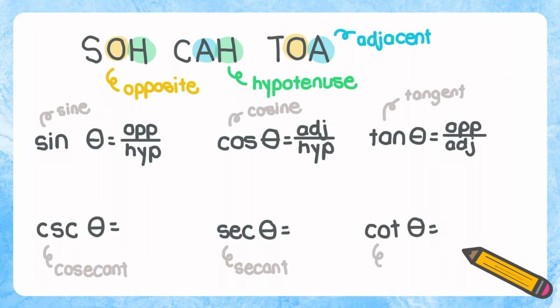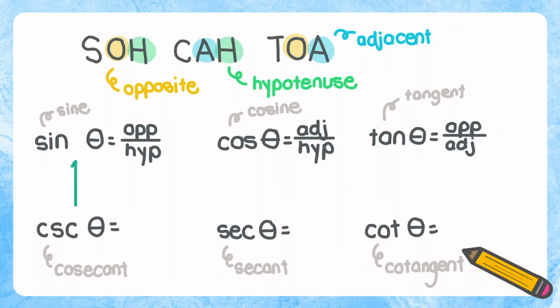And COT is short for cotangent. And so here we have 3 new trig functions, cosecant, secant, and cotangent. And actually, there's relationships between these three new trig functions and the three original trig functions that we've been looking at.